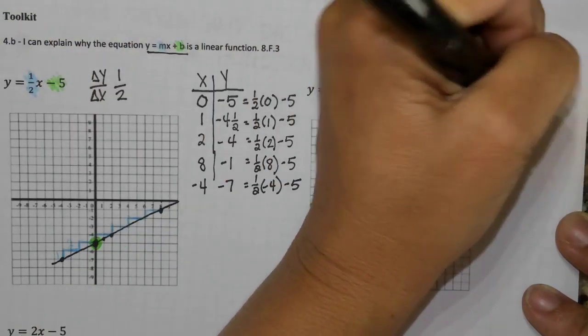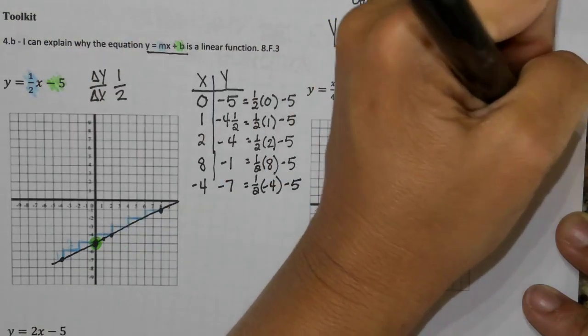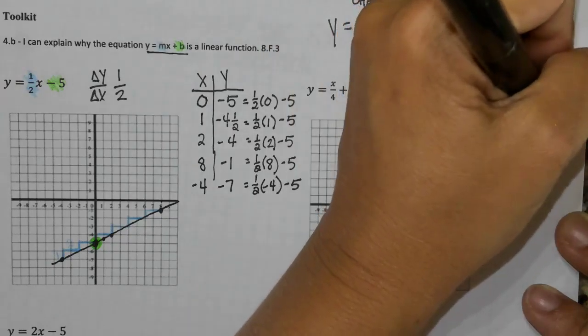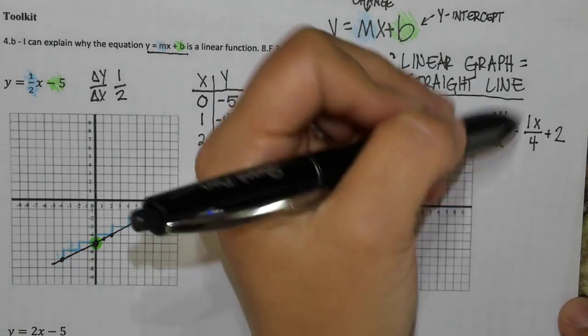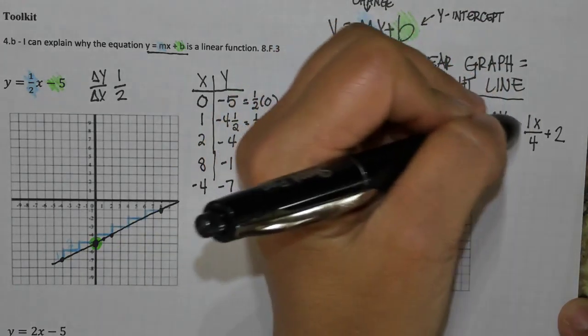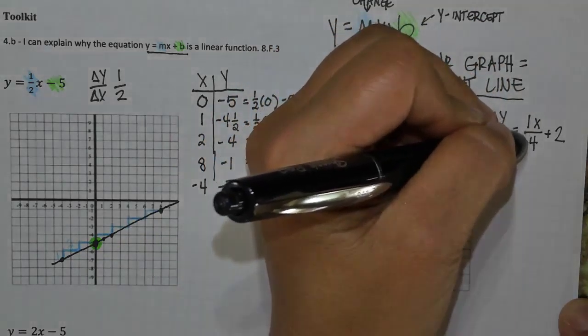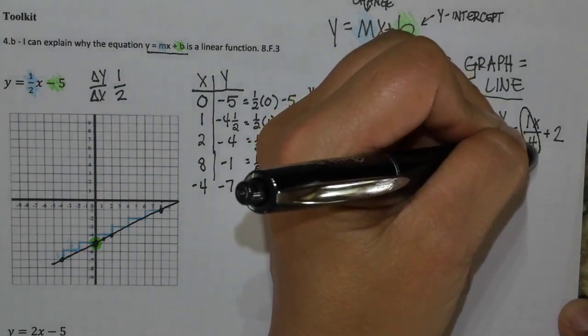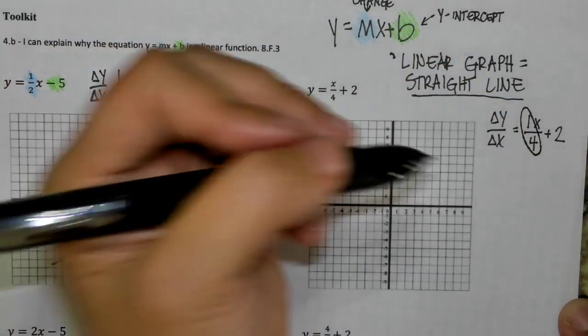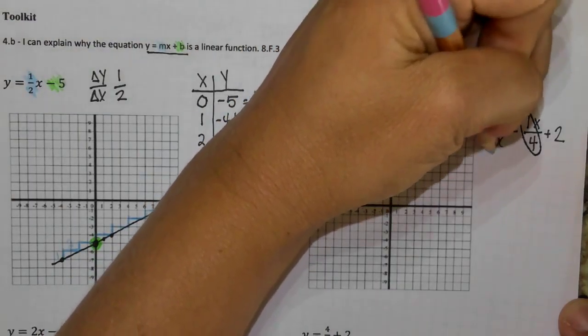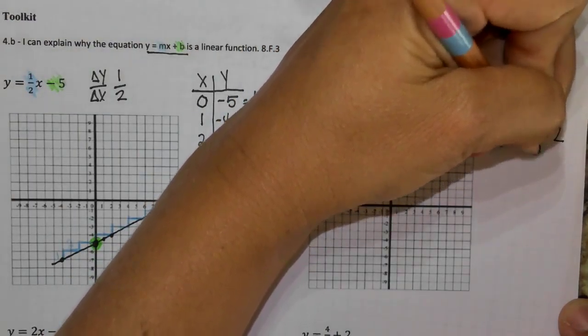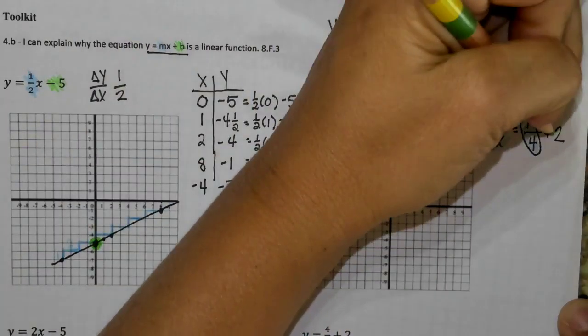So I'm actually going to say 1x over 4 plus 2, and I'm just rewriting it so that we can start to see that rate of change. So that change of y is 1, that change of x is 4, and it's showing up right there. Okay? Change of y over change of x is 1/4, and we started with 2.